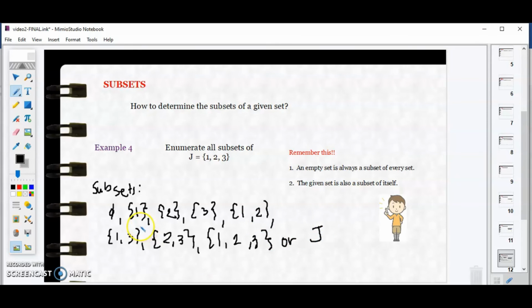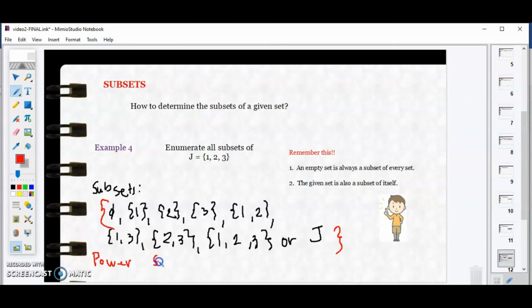So, how many subsets do we have now? We have 1, 2, 3, 4, 5, 6, 7, 8. Okay? So, this will be the subsets of the given set J. Now, if we are going to enclose this whole thing by curly braces, a bigger set is formed. So, ano ngayon tawag natin sa set ng mga subsets na yan? Yan ay tinatawag nating power set.